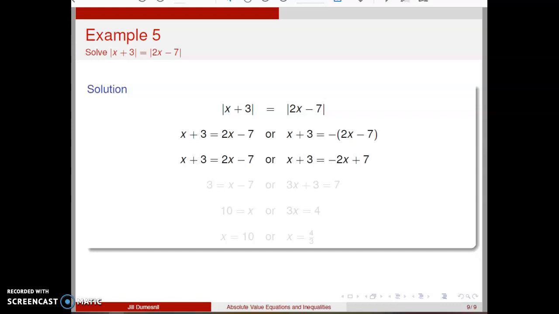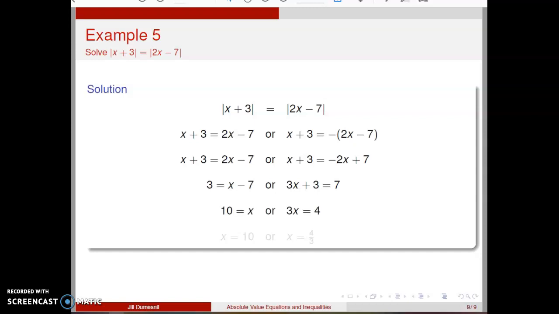We distribute the negative on the second equation and solve each equation. We subtract x on both sides of the first equation and add 2x on both sides of the second equation.